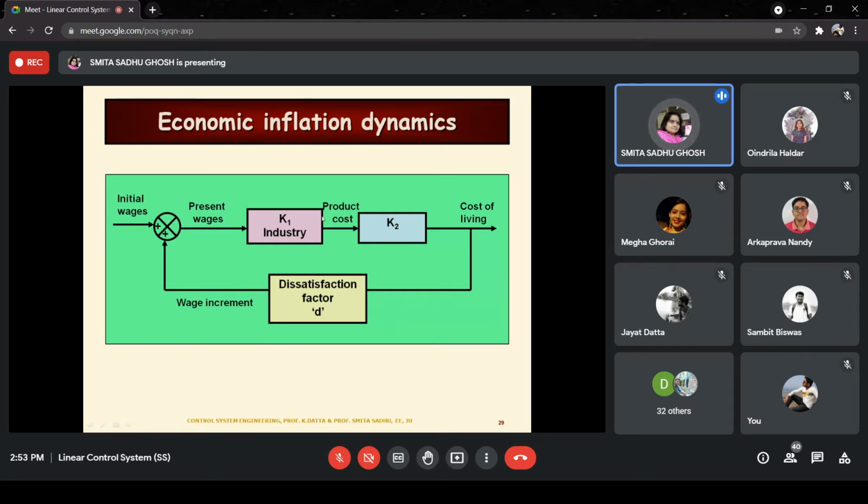So they will do so by increasing the product cost. So this is a cycle which goes on and on and on, meaning that in such a system, if you just plot, say, the cost of living versus time, it is going to keep on increasing and increasing and increasing, right?